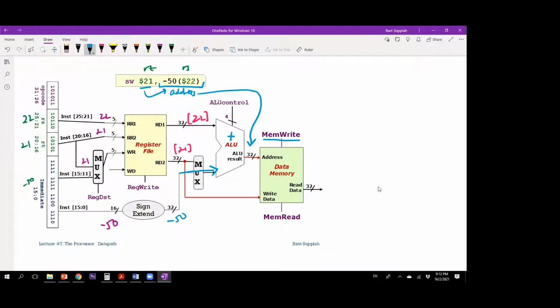So the data in register 21 will be connected here. And with mem write activated, I will then update the data. So in store word instruction, I'm not reading data from the memory. I'm not interested in taking the ALU result and channeling it back. So there is no register write operation involved.